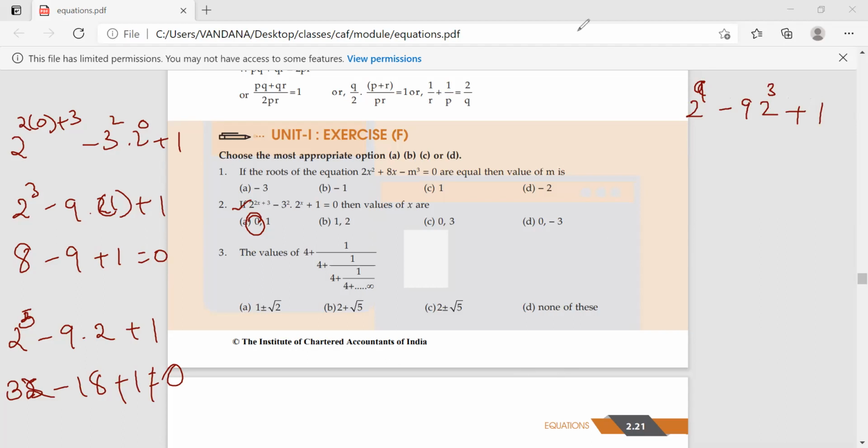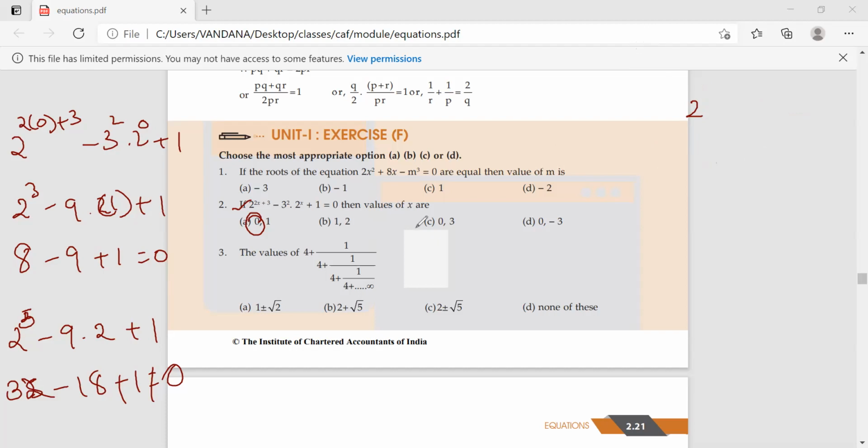So we'll find out 2 raised to 3. There is something wrong here.